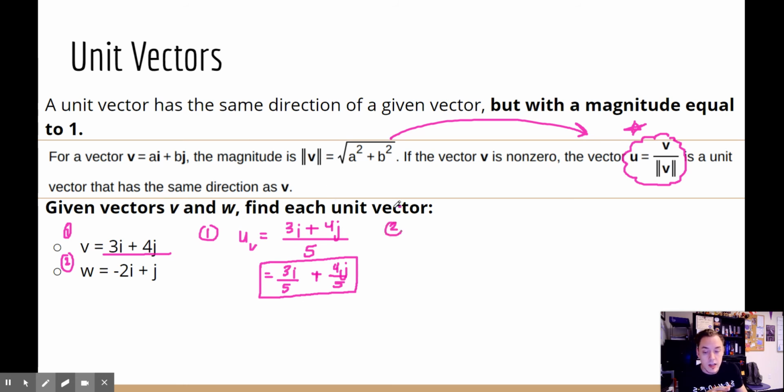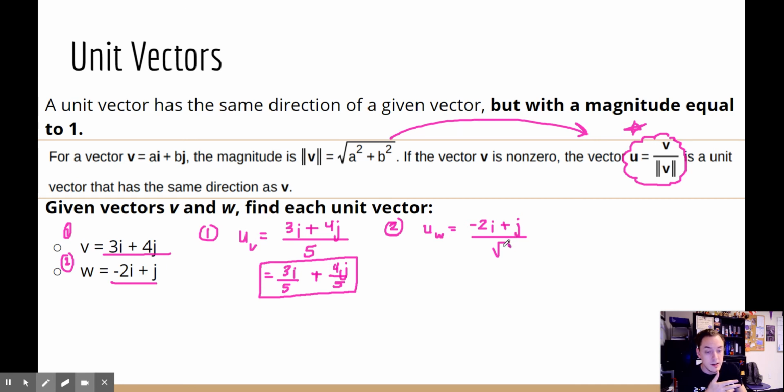Let's go to 2. And so I'm going to find my unit vector now of w. My whole vector w gets placed in the numerator. So that means negative 2i plus j all over the magnitude of that vector. The magnitude of w is just simply radical 5.